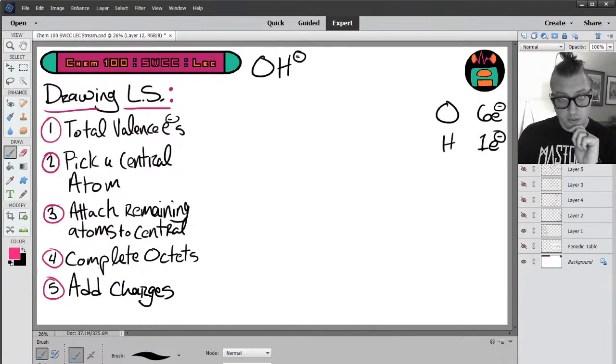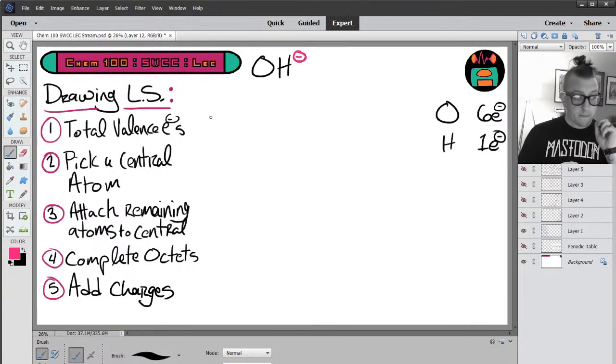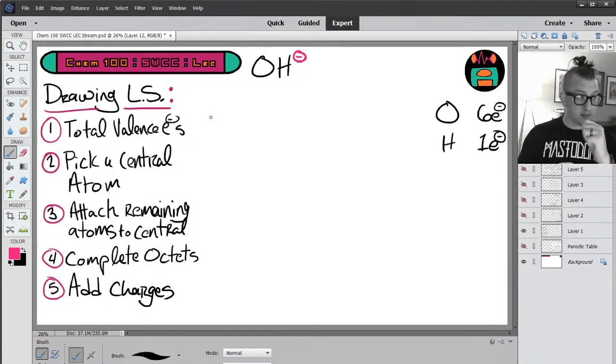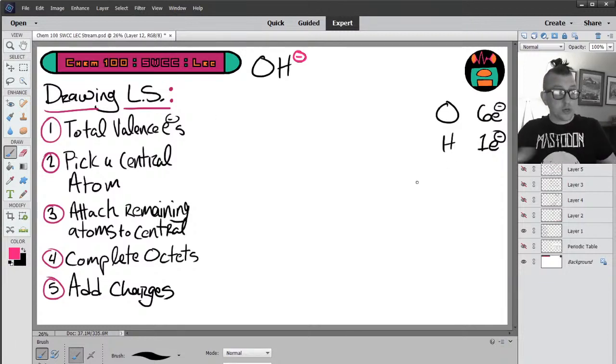Now we have to account for this charge. When you're drawing the Lewis structure for a charged species, it means that that structure either has more or fewer electrons than it should if it were neutral. Here, hydroxide has a charge of -1. That means that there's 1 more electron in this structure than there would be otherwise.